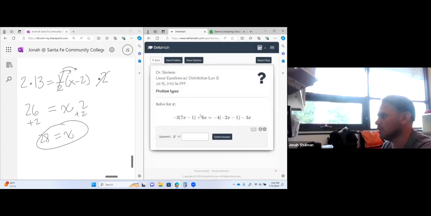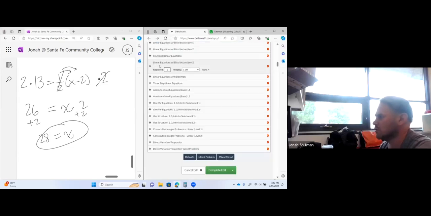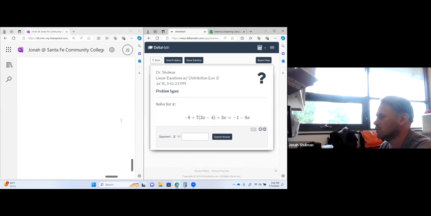So for level 3, I'm assuming we're going to have a tougher job. It's just another distribution problem. We just did one. Actually, let's do this one. Negative 8 plus 7, 2x minus 4 plus 3x equals negative 1 minus 8x.